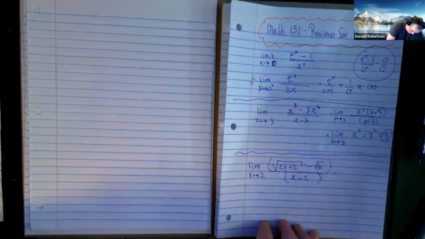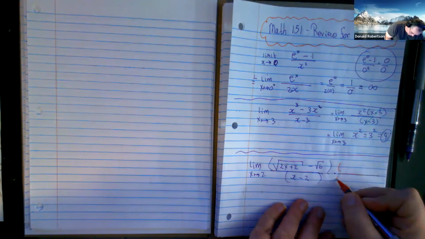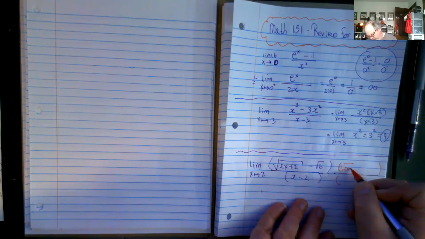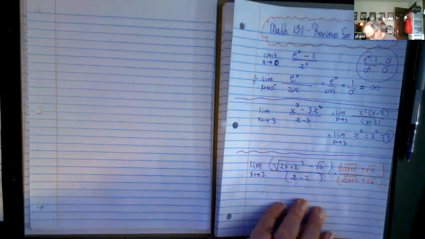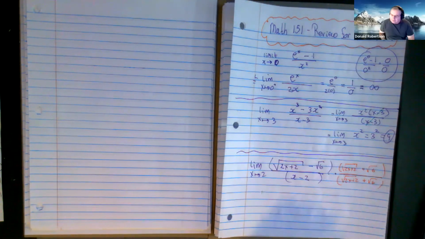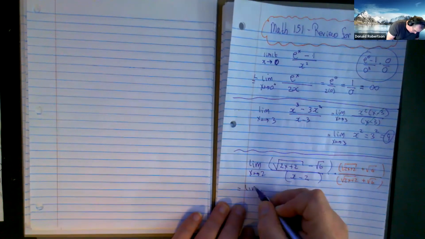So the conjugate method is essentially you multiply the top and bottom by a special version of 1 called the conjugate. And it's made up of the same two guys, but with a plus instead of a minus. So far, so good. And let's see what that looks like then.